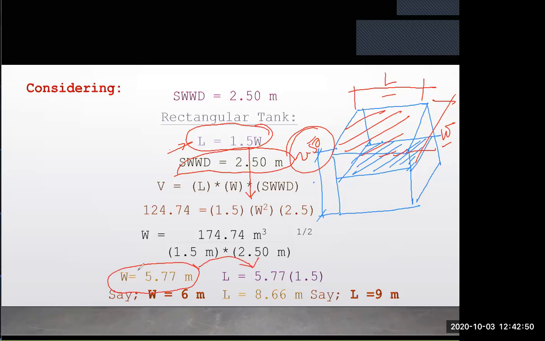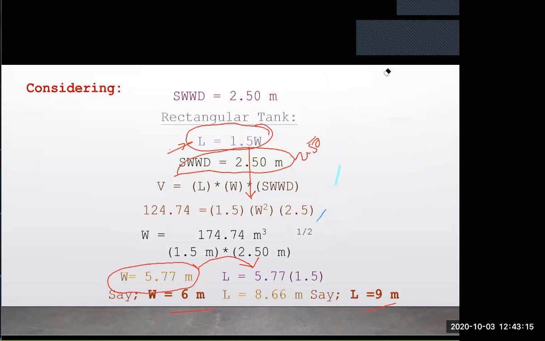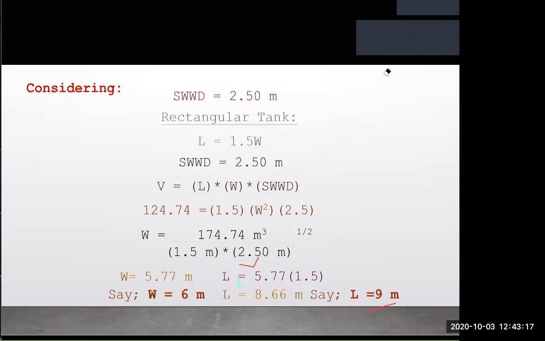And then again, class, do not say that your tanks will now be 5.77 or 8.66. Okay? Round it off to the biggest whole number. So for example, 5.77, say that the width is now equal to 6 meters and the length is now equal to 9 meters.